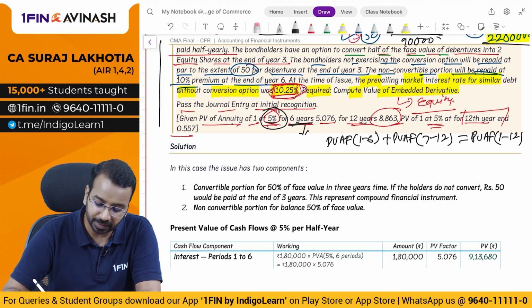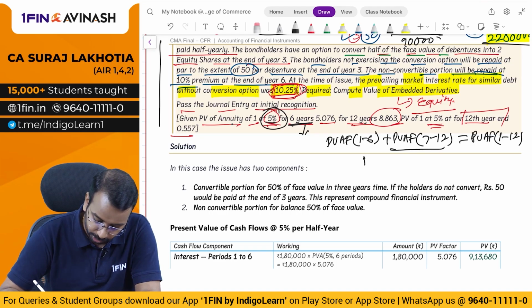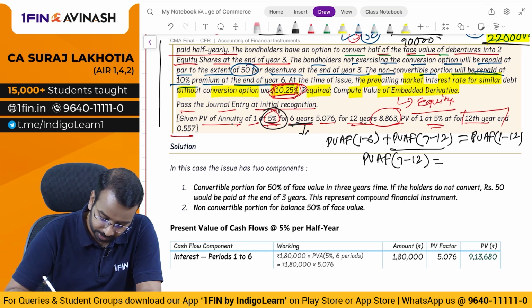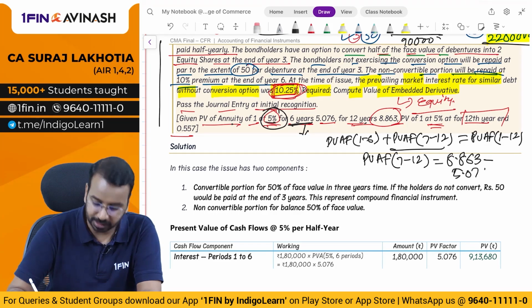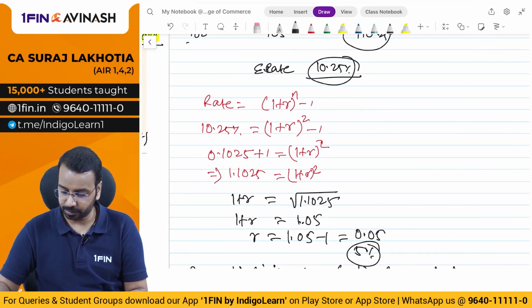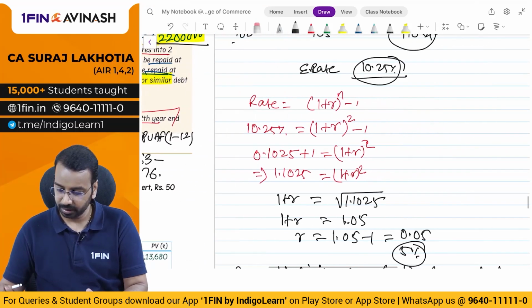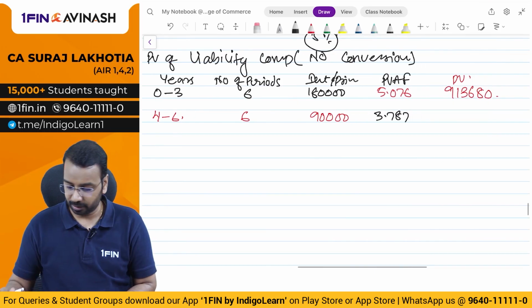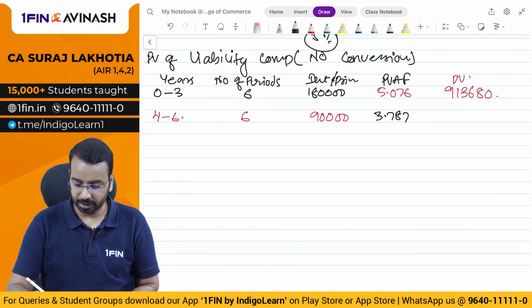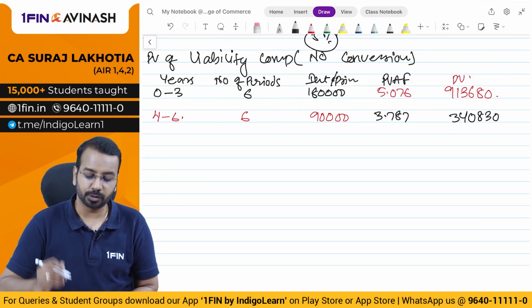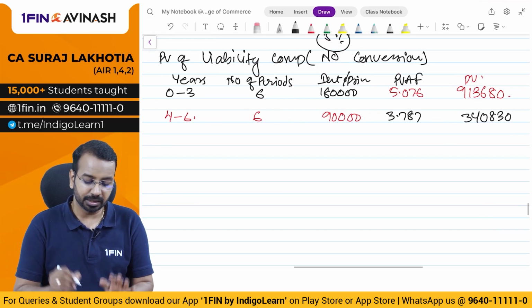So the present value annuity factor from 7th period to 12th period is equal to 8.863 minus 5.076, which is 3.787. So what is the present value? Into 90,000, present value is 340,830. Okay. This is the interest component.